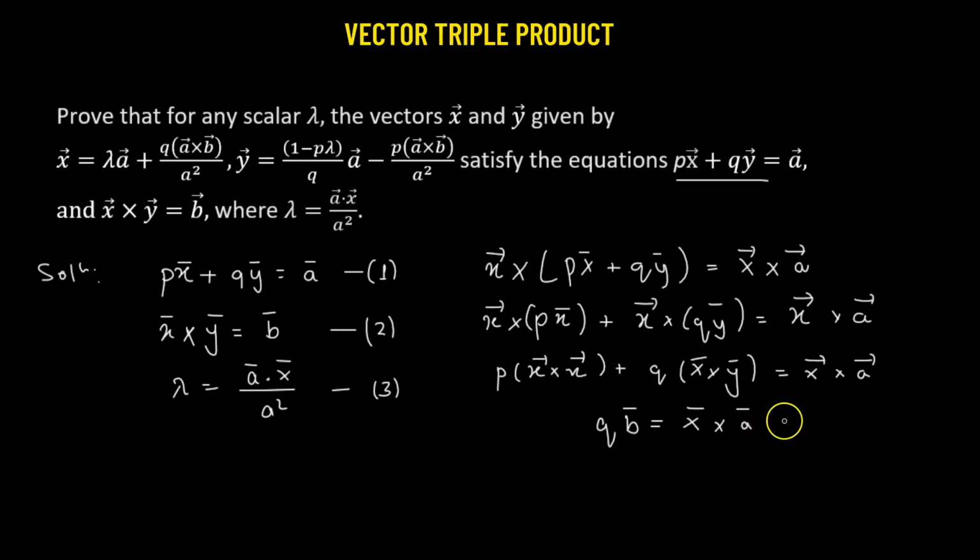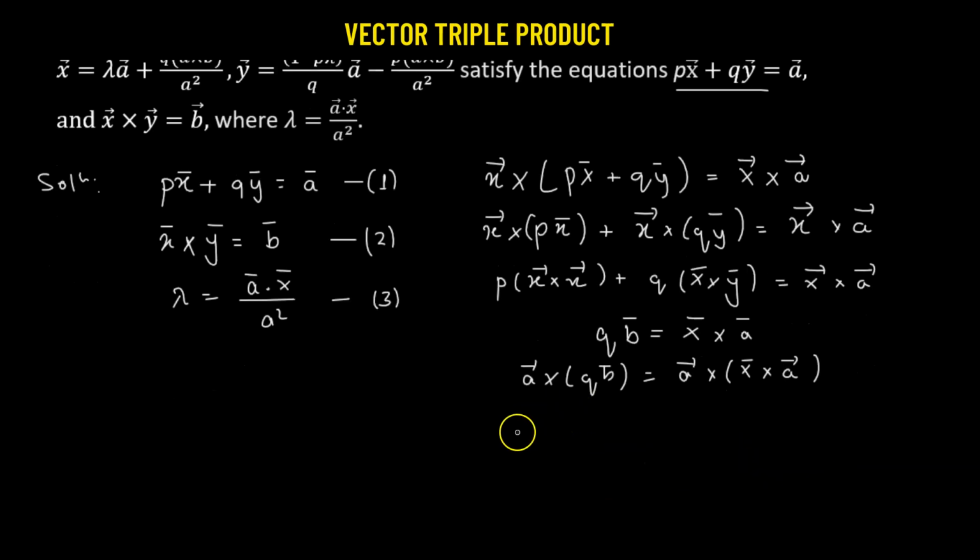Next, we'll take again the cross product with a on both sides. So we take vector a and cross it with q b vector, which equals vector a crossed with x cross a. Since q is a scalar, we have q times a cross b.